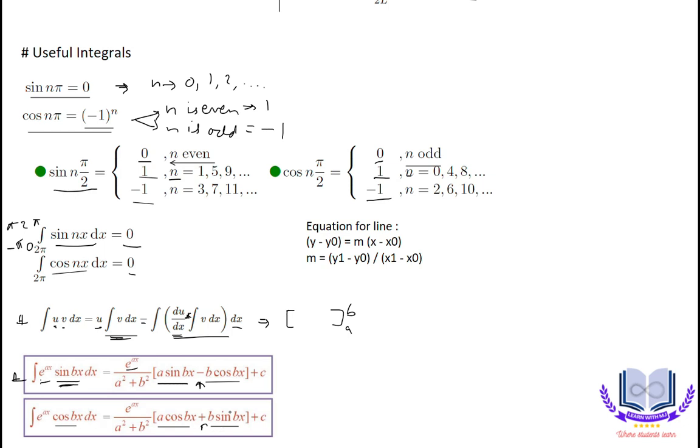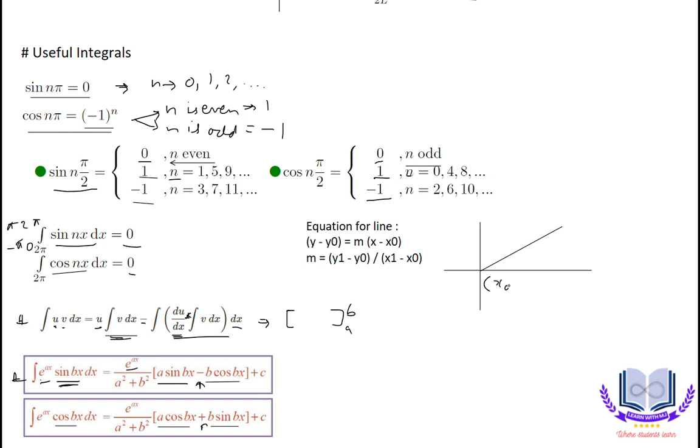Now next you will see sometimes we are given a graph, and what we have to find is the equation of line, and we have to find the Fourier series for it.